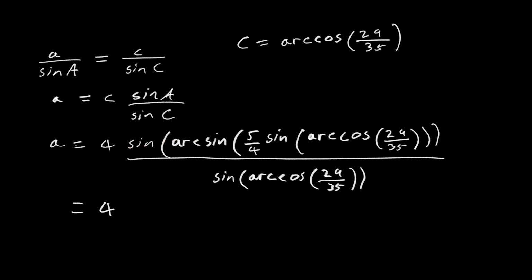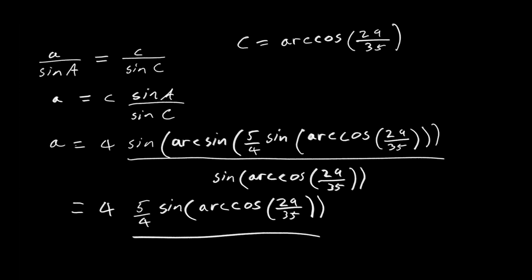And we have 4 times 5/4, times the sine of the arc cosine of 29/35, all divided by the sine of the arc cosine of 29/35.